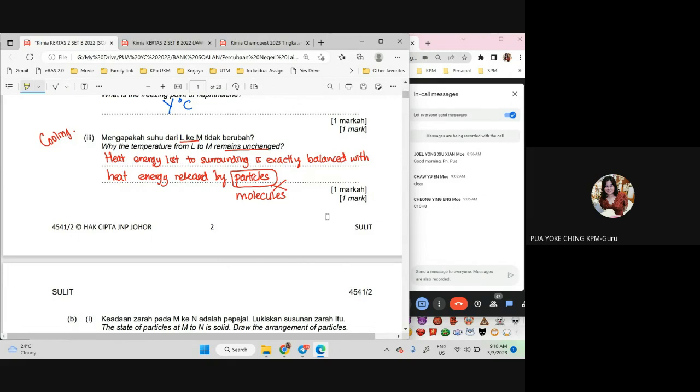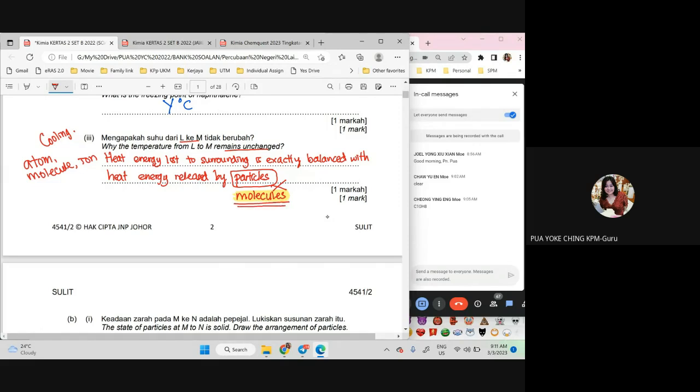Please remember the question already gives what chemical is used, so you need to identify the type of particles: atom, molecule or ion. In the questions we meet, it is always molecules. We rarely get atoms or ions, because atoms or ions need a very high melting point or freezing point. So heat energy is released by molecules.